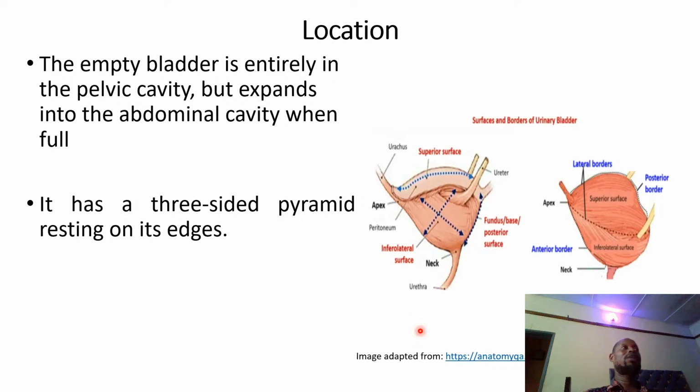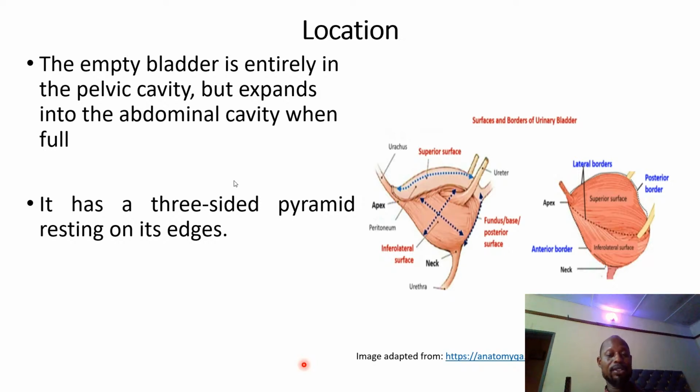A pint should be able to measure up to 450 to 500 ml, let's say 500 ml. So the bladder can stretch or become distended when it contains about half a pint of fluid, in this case urine.